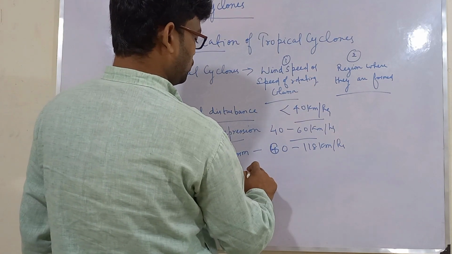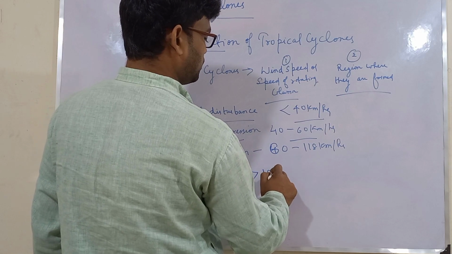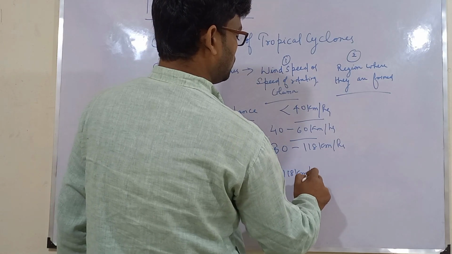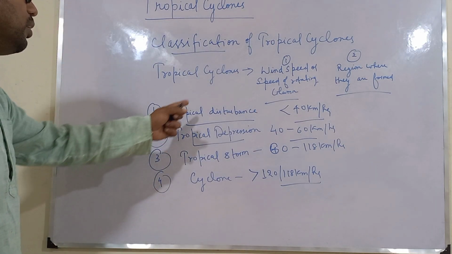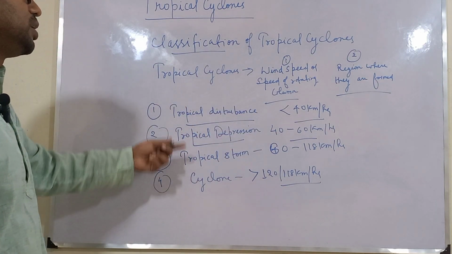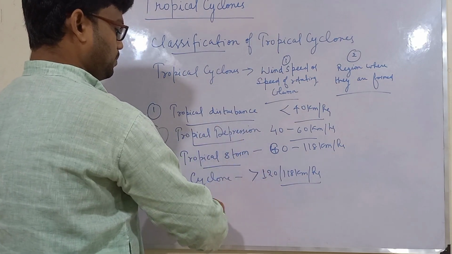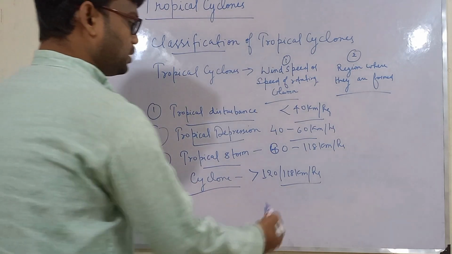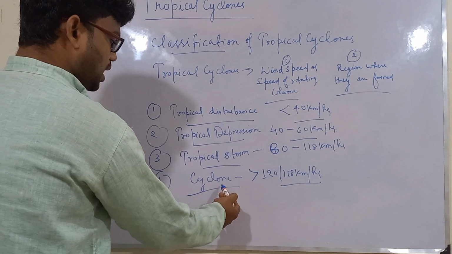It is called a cyclone when wind speed is greater than 118 km per hour. So remember this, based on wind speed, it is classified as tropical disturbance, tropical depression, tropical storm and cyclone.